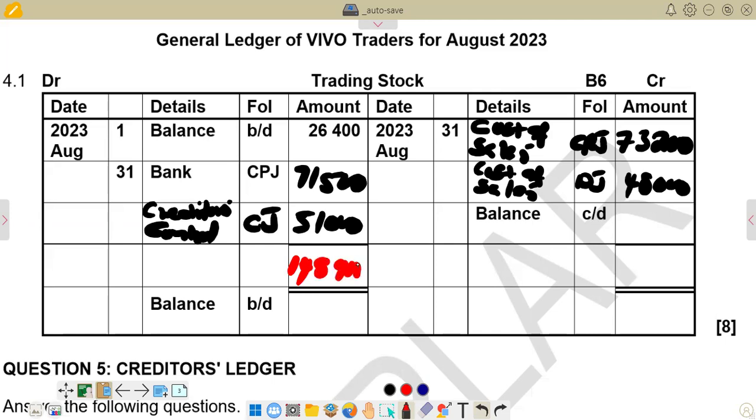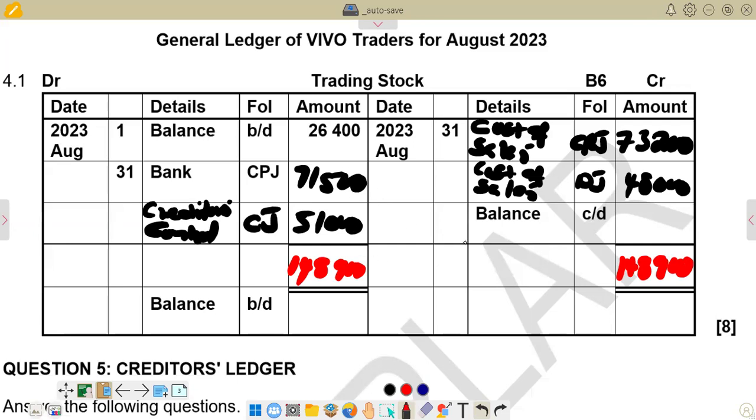This is the total that we have on the debit side, and it's the greater total than what we have on the credit side. So it's supposed to come here again, 148,900.